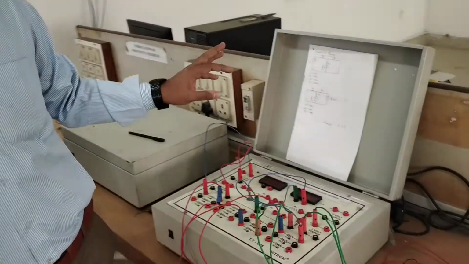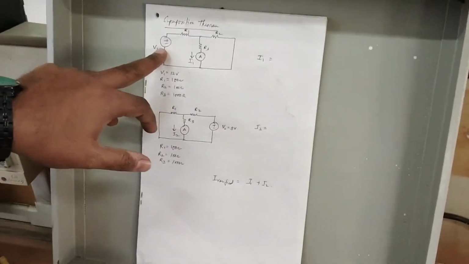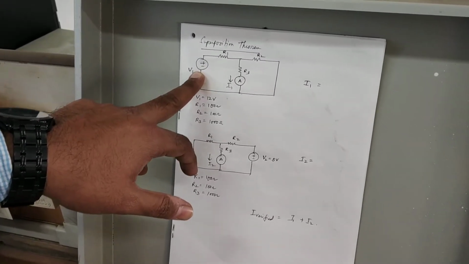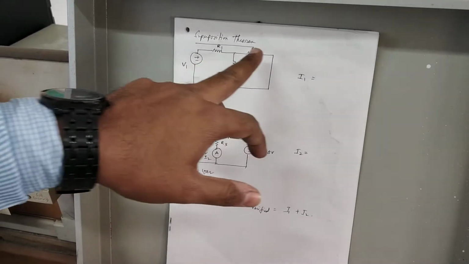Now, in the case of the superposition theorem, you must have at least two sources present. You have to operate one source at a time, while the others must be in a deactivated mode. So in our original circuit, if V1 is active, V2 has to be deactivated, V2 has to be off. Since V2 is a voltage source, it must be shorted.